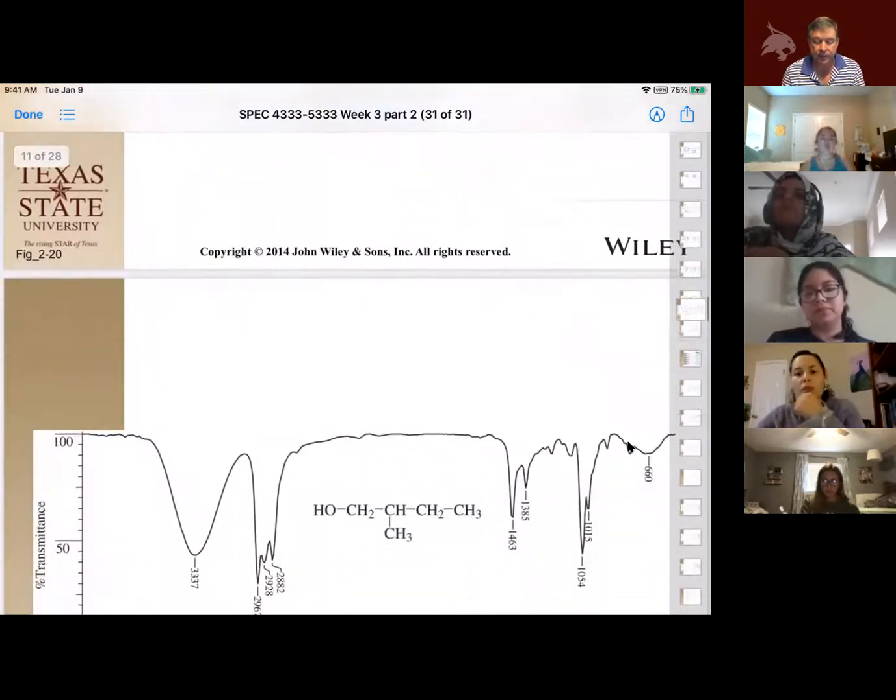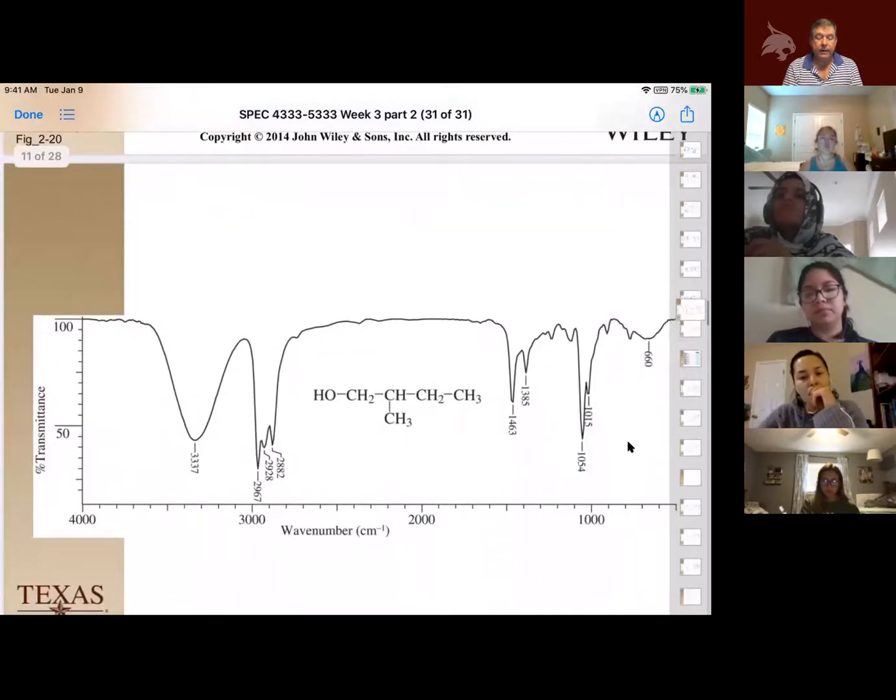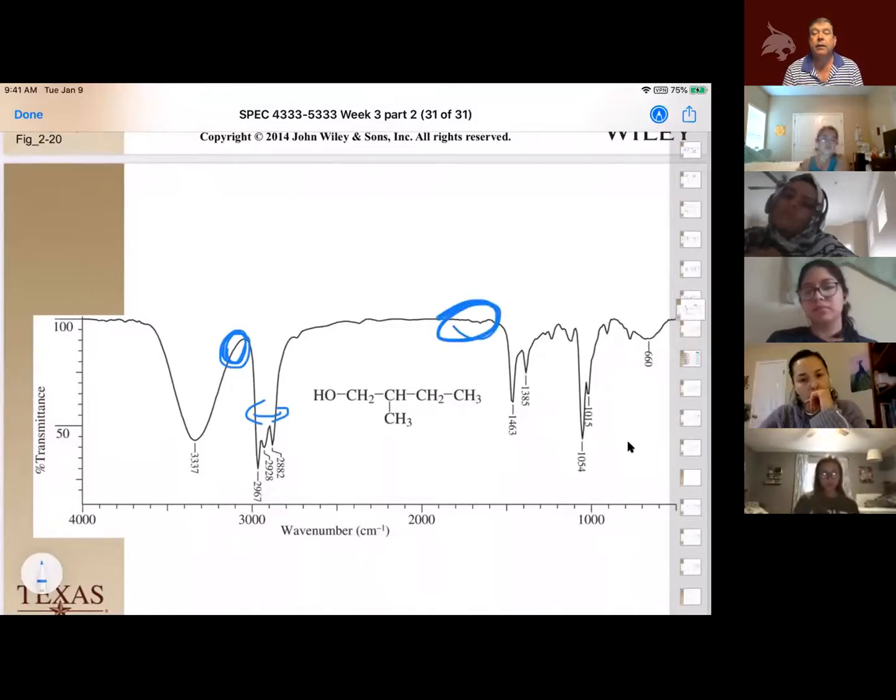Okay, so let's go to a purely aliphatic alcohol, and we'll see we have almost that same position, the 3330, for that aliphatic alcohol. But again, we've lost all of our aromatic hydrogens. We only have our aliphatic hydrogens. And notice we've lost that carbon-carbon double bond peak at 1600.